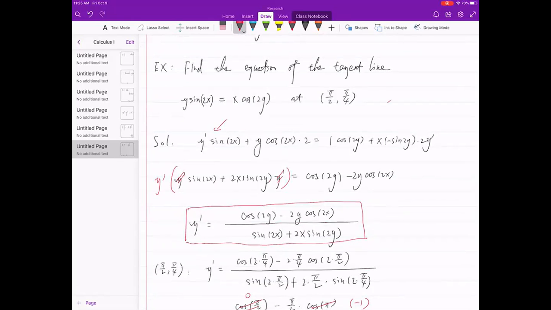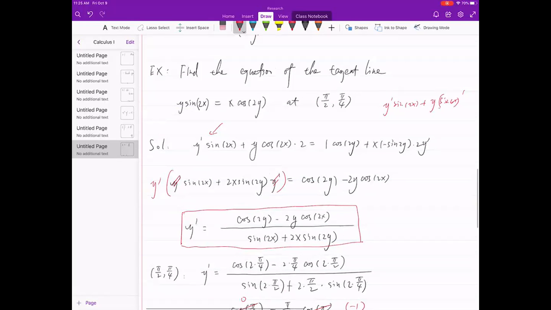That is going to be y prime sine 2x plus y sine 2x prime. That's exactly the product rule. Then what I did is I took this prime and expanded it to be cosine 2x times 2. But really, the y prime comes from the product rule. You're right. The sad thing is after that, I have to keep it that way because there's no way I can do anything further. So that's where this one comes from.